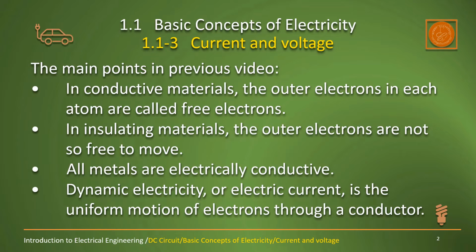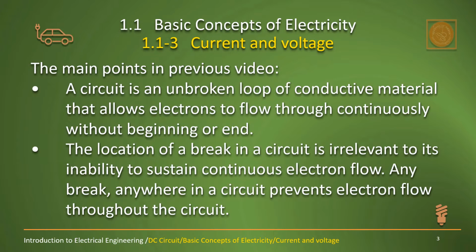Dynamic electricity, or electrical current, is the uniform motion of electrons through a conductor. A circuit is an unbroken loop of conductive material that allows electrons to flow through continuously, without beginning or end.